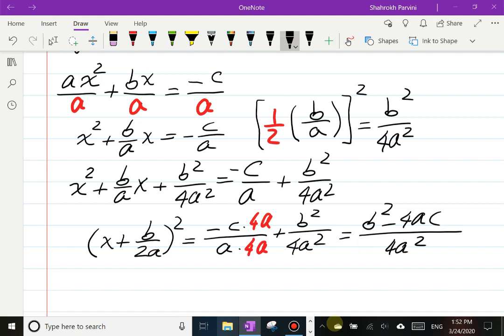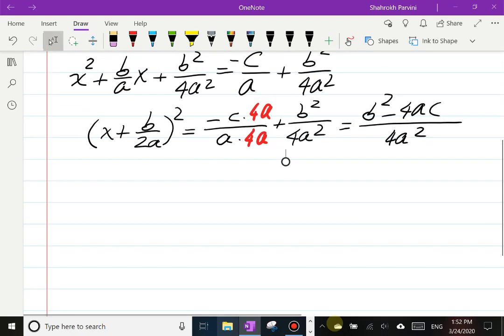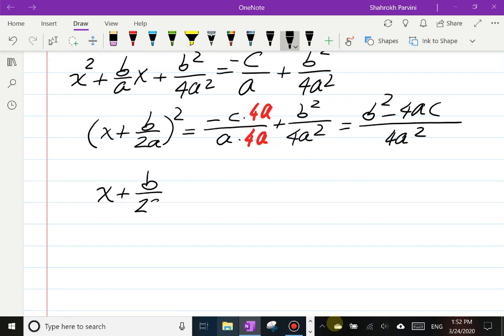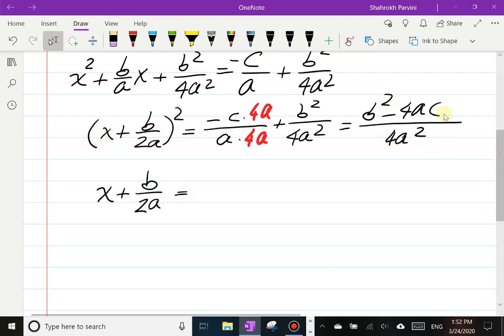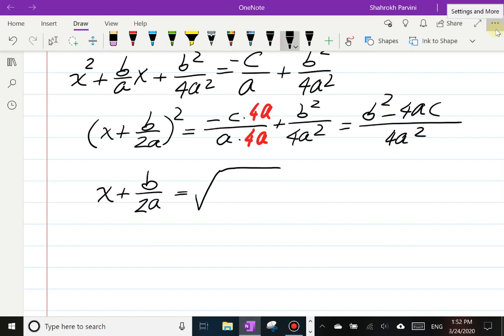Our next step is to use the square root property. We're going to take the square root of both sides. Taking the square root of both sides, I get x plus b over 2a on the left side. Then taking the square root of the right side makes it the square root of b squared minus 4ac divided by 4a squared.